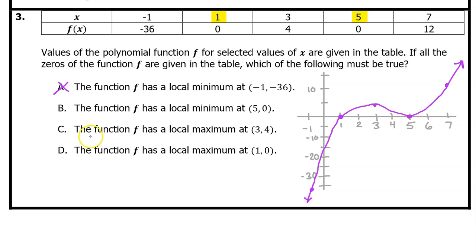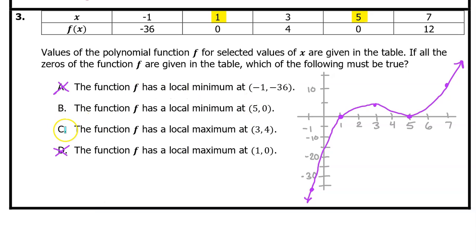That's possible. The function has a local maximum at 3, 4. That is also possible. The function has a local maximum at 1, 0. That is not possible. We can throw that out. So we've narrowed it down to B or C.